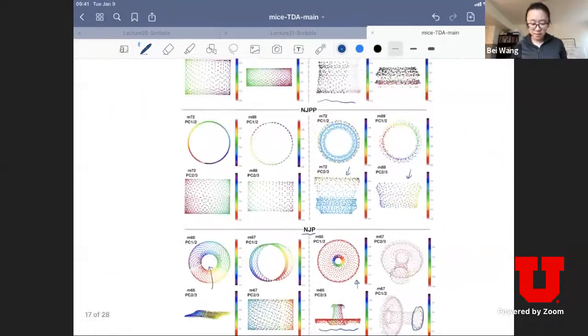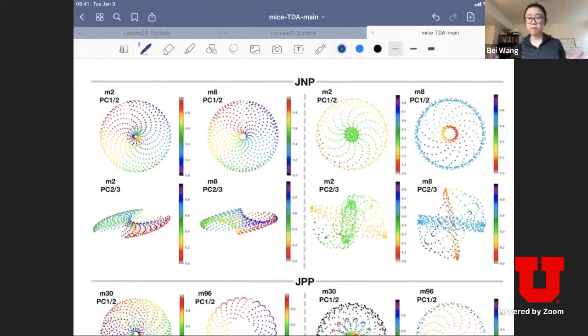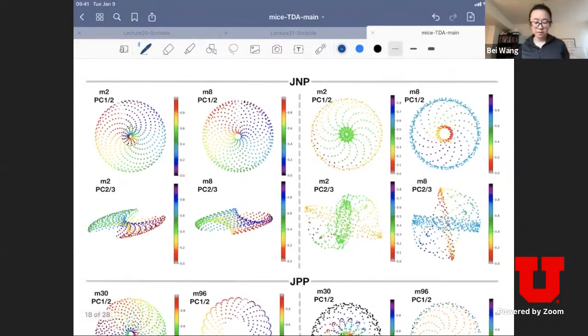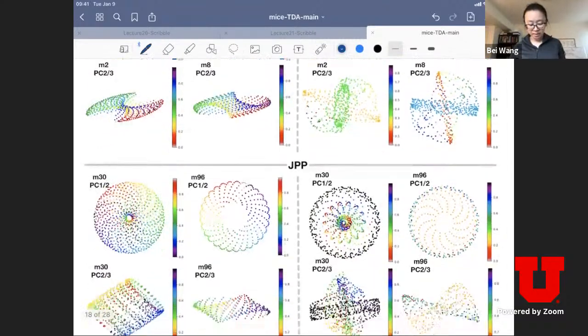So now let's spend a little bit of time talking about jet lagged mice. Jet lag is now making things very complicated. Again, left-hand side is with rank filter, right-hand side is without rank filter. So again, you see that rank filter, of course, makes my data a little bit easier, but it did reduce some of the complexity. So this is jet lag non-pregnant.